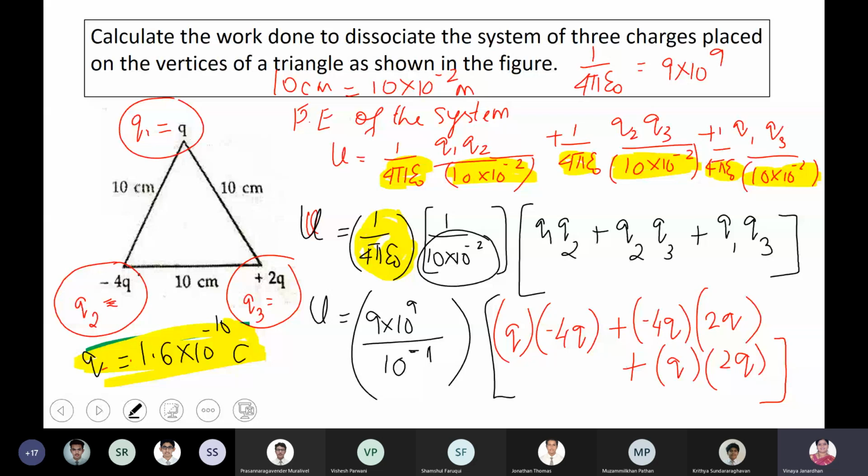Should I move forward with the steps, or will you be able to calculate from here?